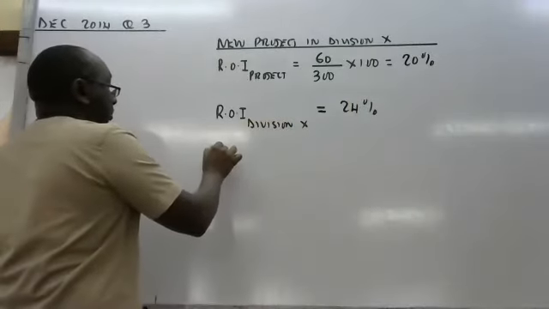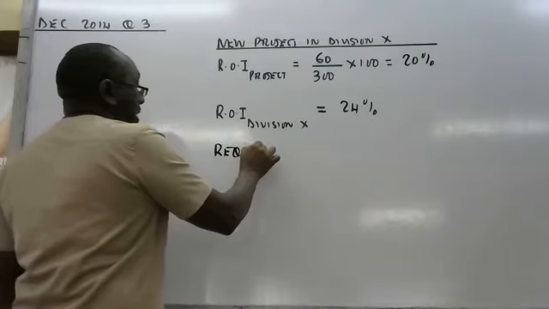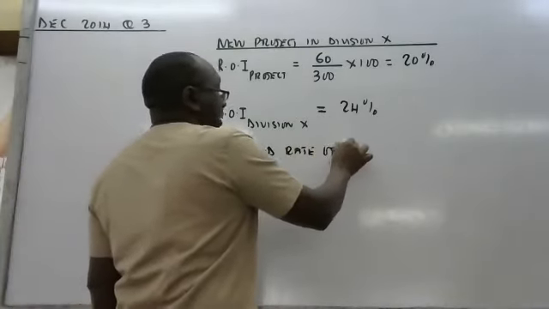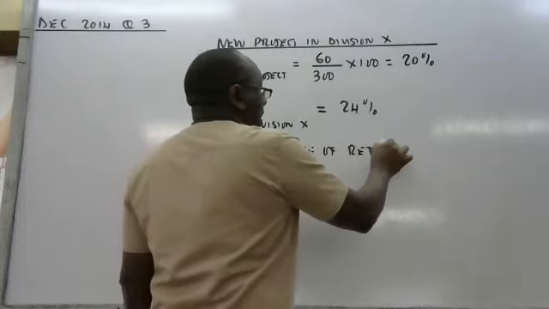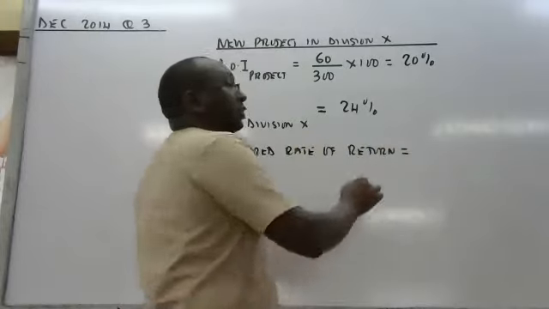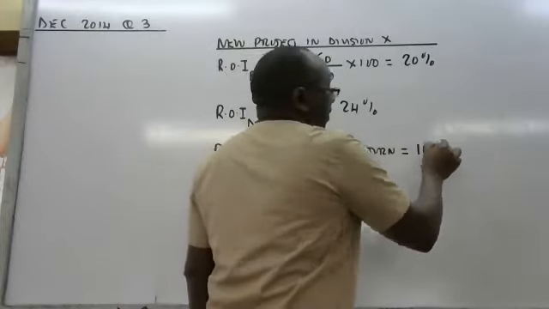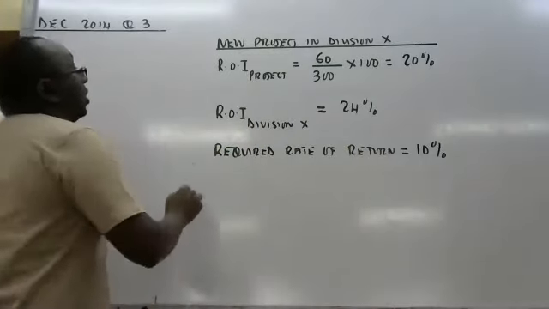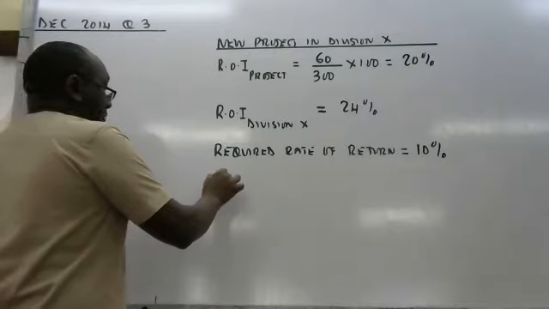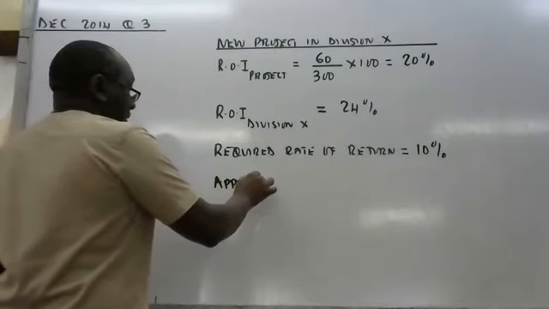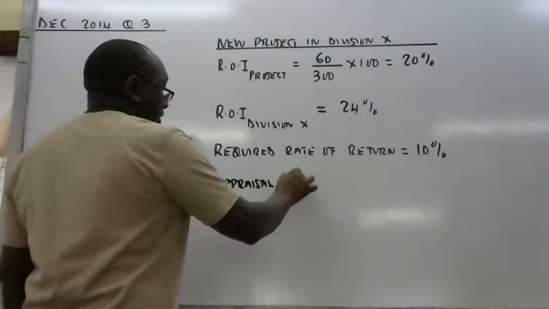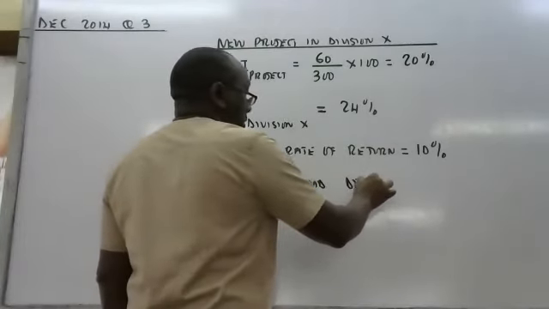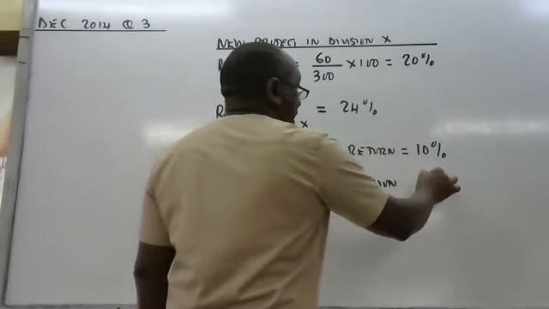And then there is something else required: the required rate of return, which is 10%. Those are the three things that you need. So you will have the appraisal method, the decision, and the explanation.